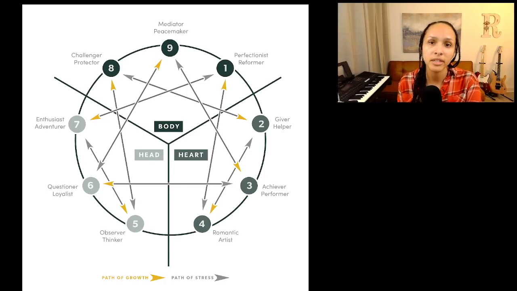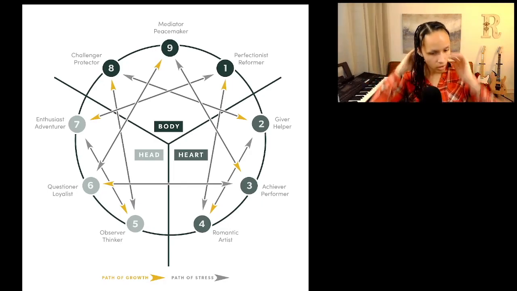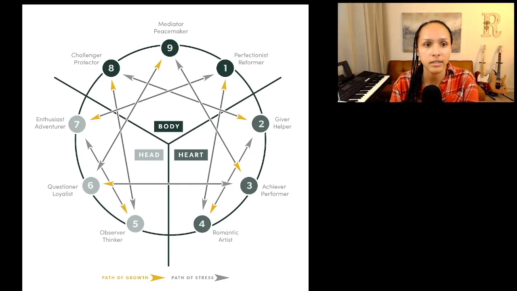You wind up exhibiting the negative traits of type 8, which I can be very super angry, explosive. I can be hard on setting boundaries and kind of like fighting, really, if you think about it. Like the negative side of type 8 is just always fighting and challenging and pushing. And so in a state of stress, I could be that way. It's like 2 going to the negatives of 8.